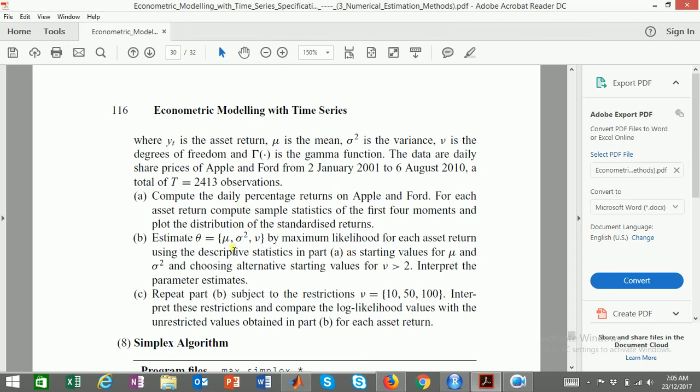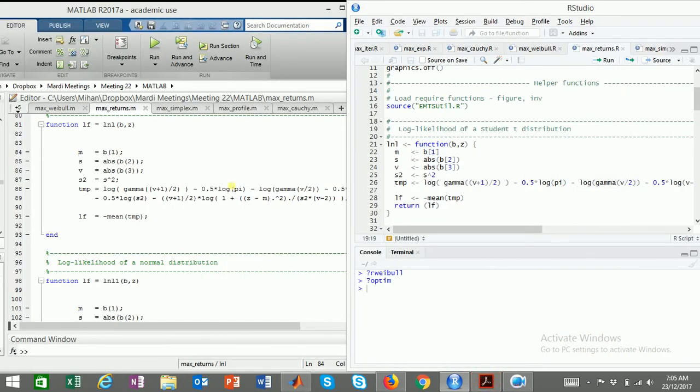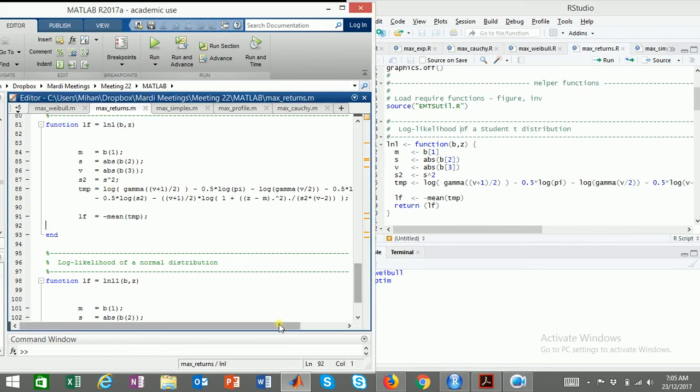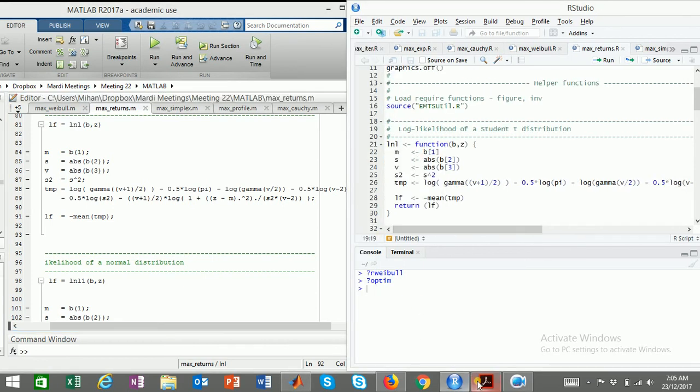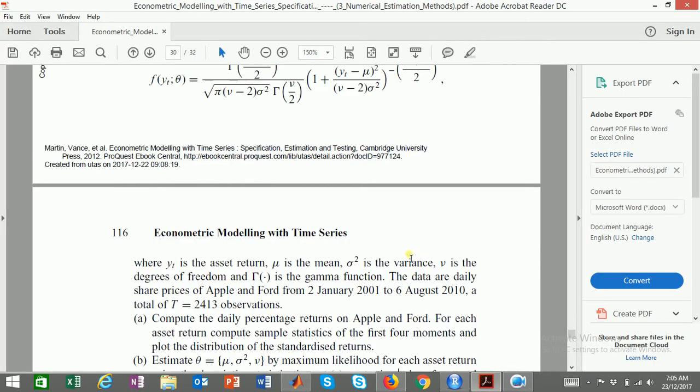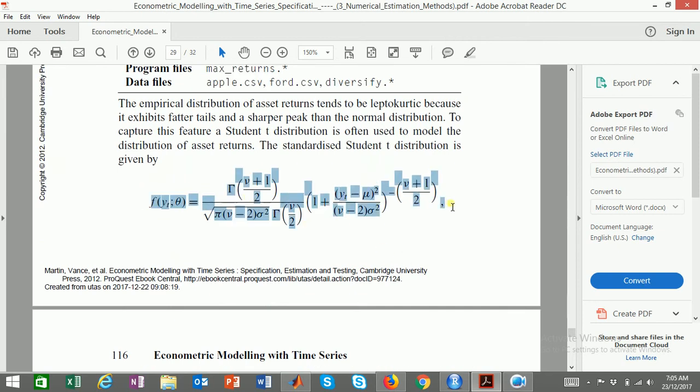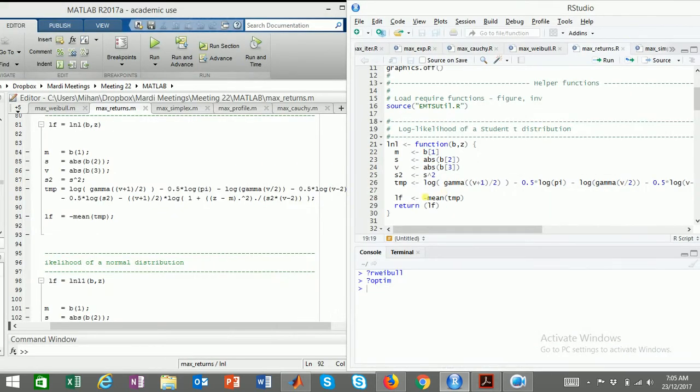So you see mu, S is the sigma, and omega is V. So by S we mean sigma and omega. S2 is simply sigma square, then log gamma is the whole equation, gamma of V plus 1, gamma, log pi. The whole equation is put in here.